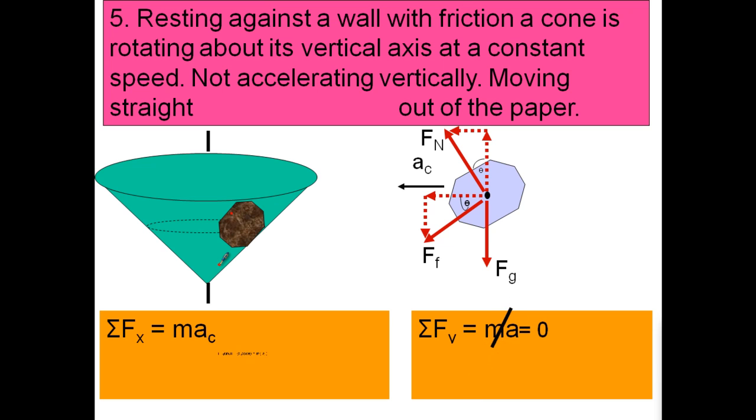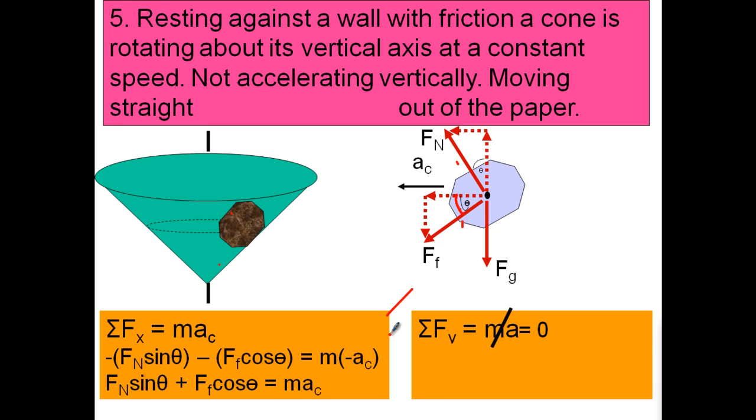Now it's not going up or down, so net force in y is zero. In this case, we're talking about this guy's x component, which is going to be the sine of this angle, and this guy's x component, which is the cosine of that angle, equaling our mass times acceleration.